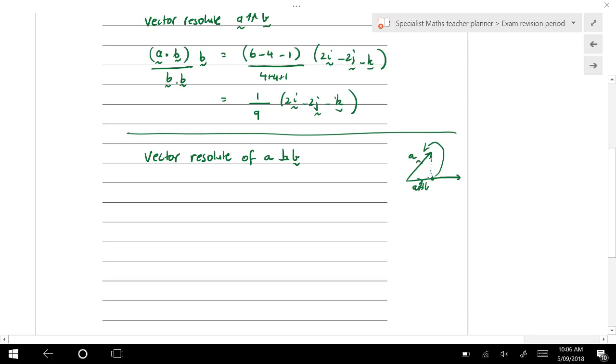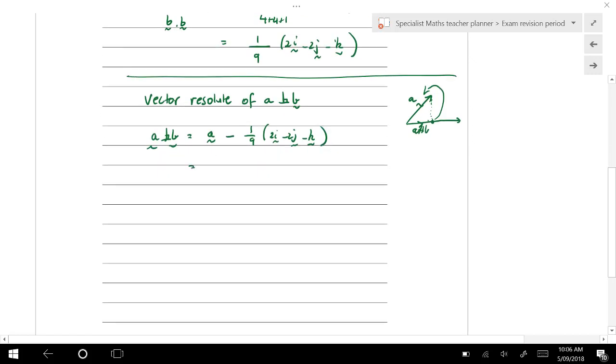So therefore, we can say, and remember, it's not on the formula sheet, A perpendicular to B is vector A minus our vector that we've just found. Okay, 2i minus 2j minus k.